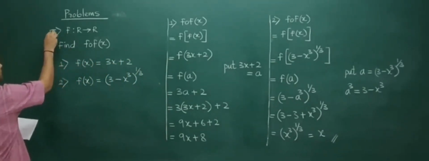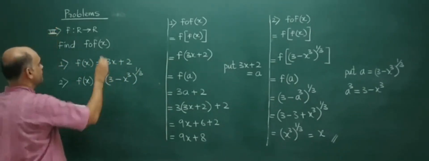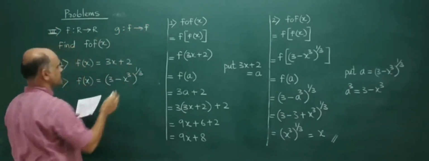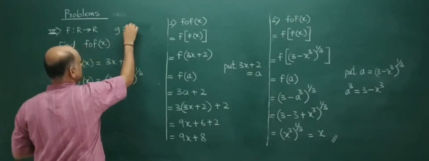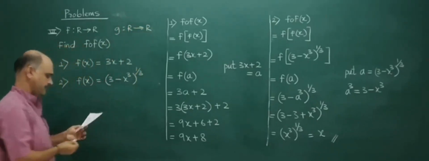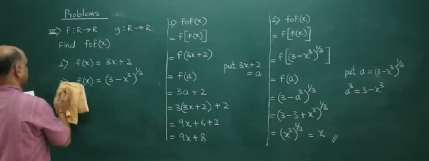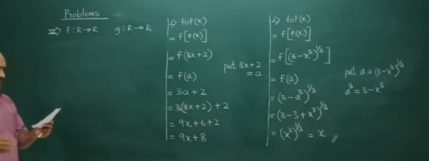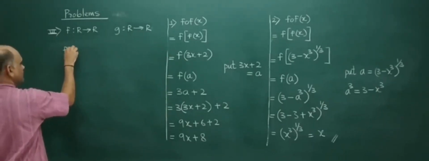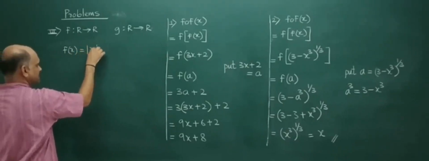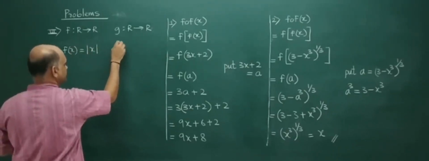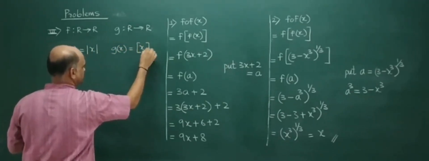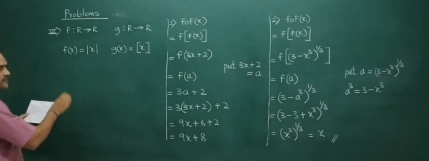You can note down those, students. Third type: f and g are functions from real to real. You are required to find... So third, he has given f of x as modulus function and g of x as greatest integer function.